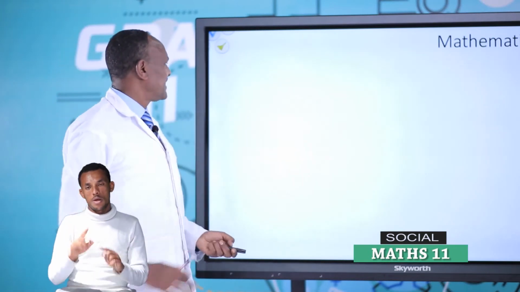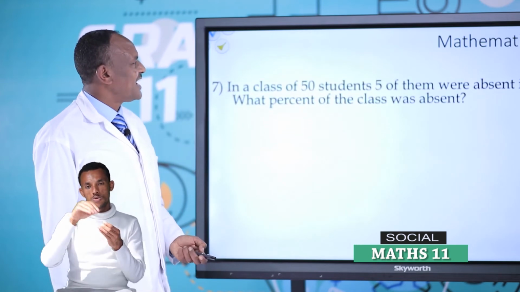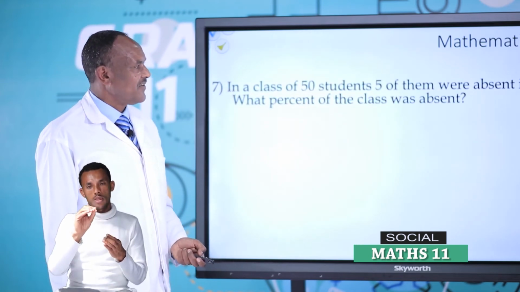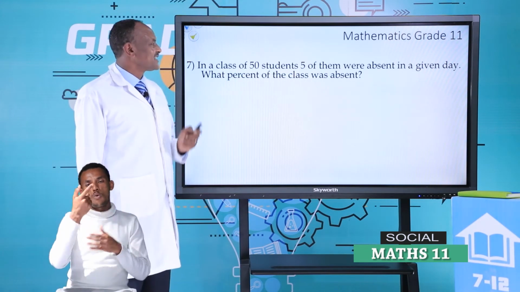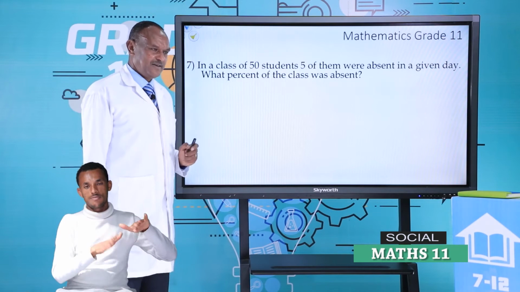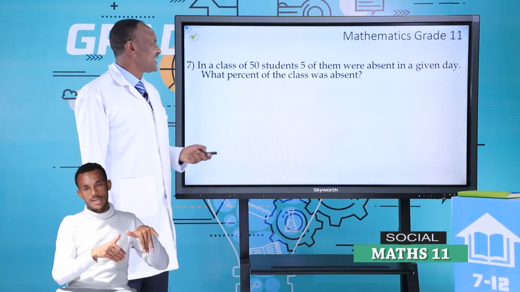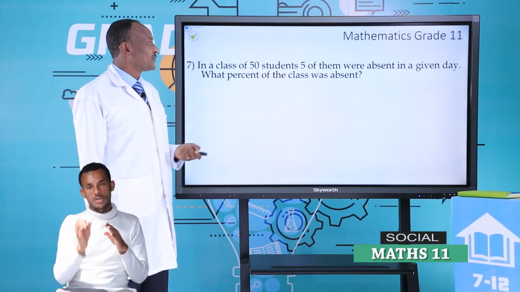When you are taking the next one also, in a class of 50 students, 5 of them were absent on a given day. What percent of the class was absent? The number of absentees can be expressed in terms of percent, that is out of 100.